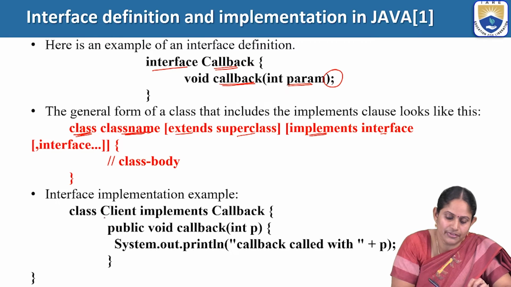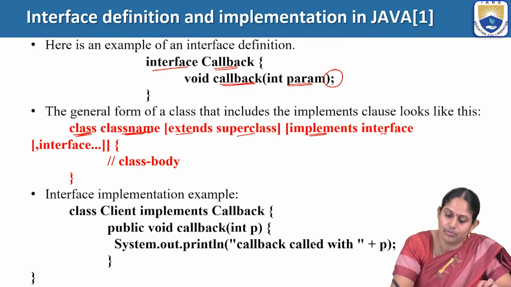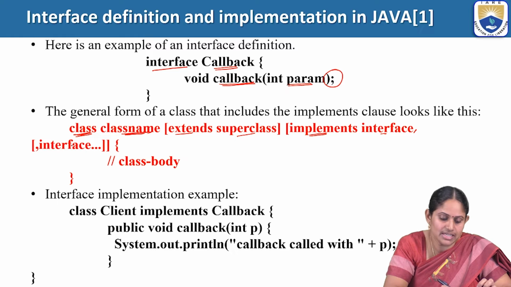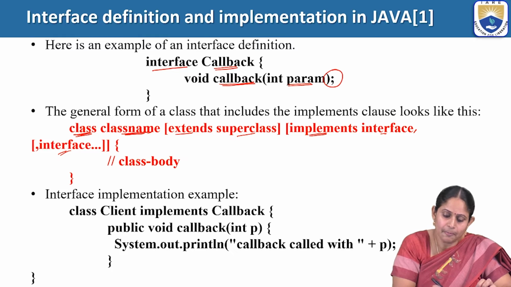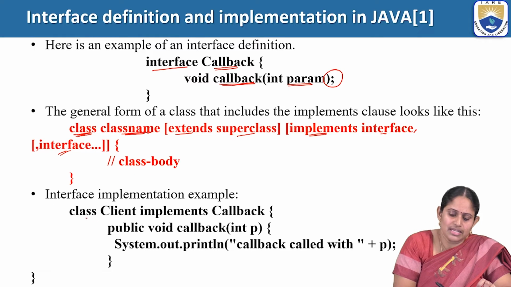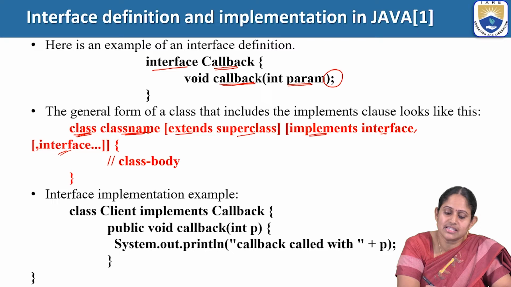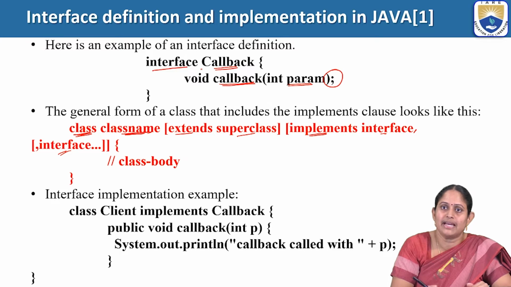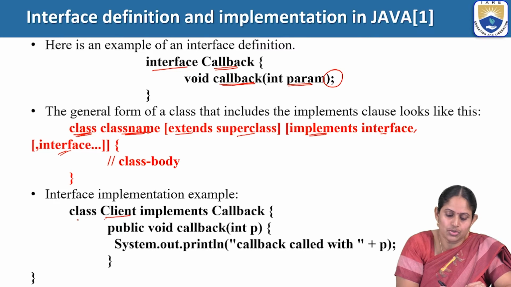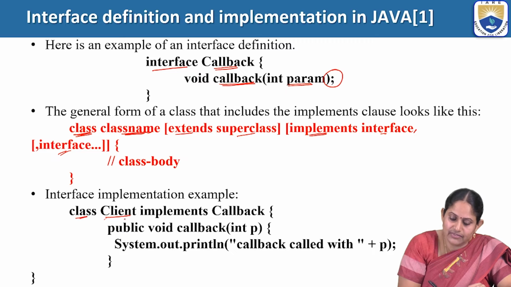It can have more than one interface implemented, and then the class body. So let's say we have this callback interface defined. That interface is being implemented by a class named client. So this is the keyword. The client class is implementing the callback interface.